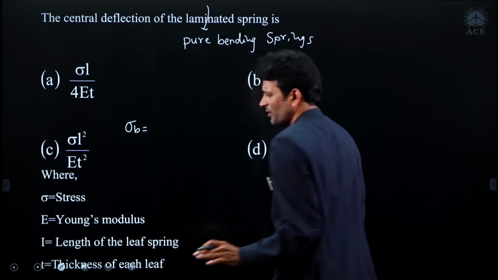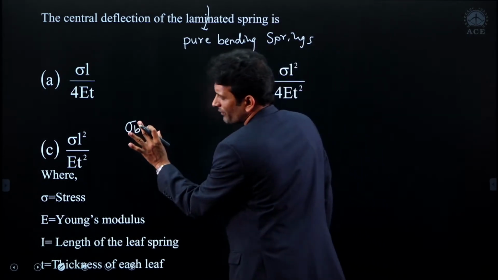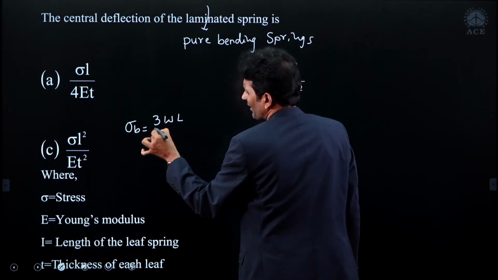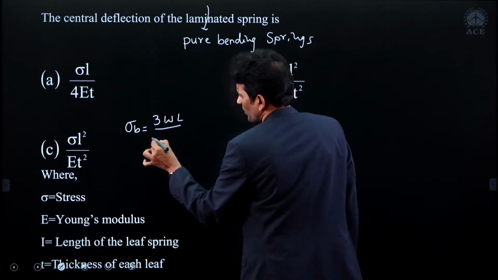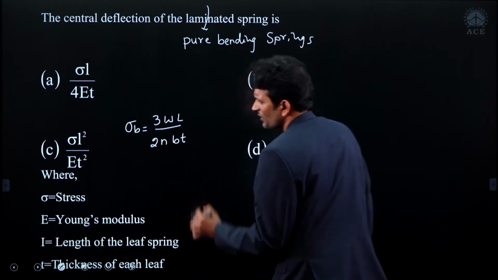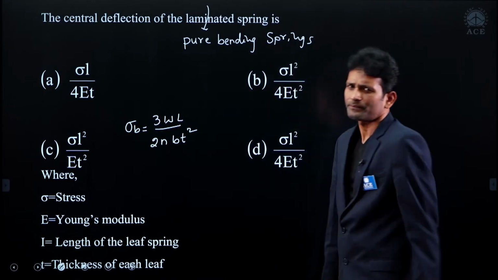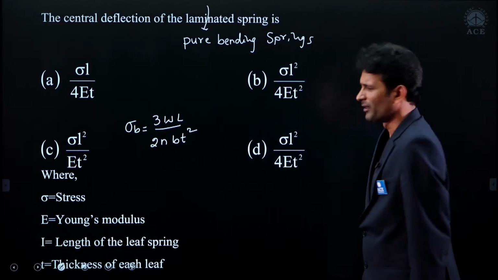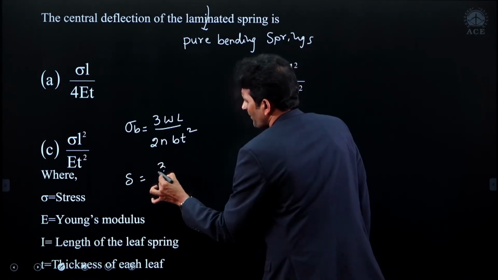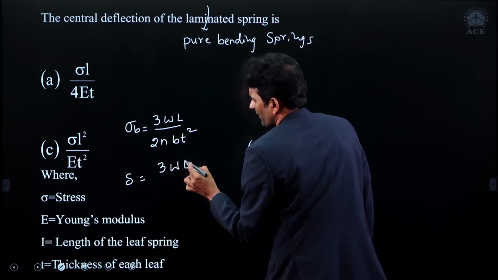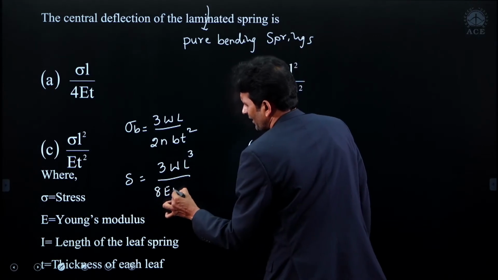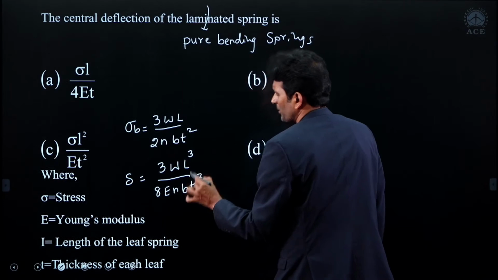I am not taking the derivation part, just using the formulas. 3WL divided by 2NBT square. This is the bending stress formula. What is the maximum deflection formula? 3 times W L cube divided by 8 E N B T cube.